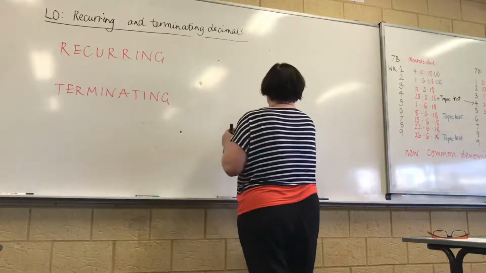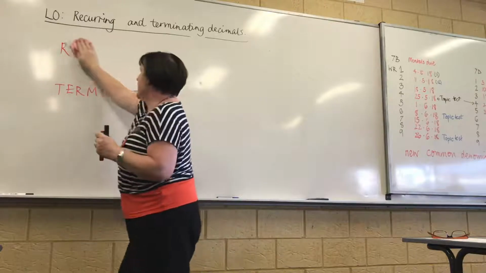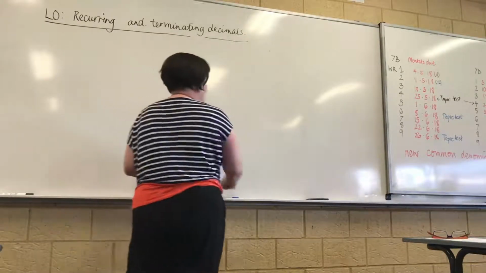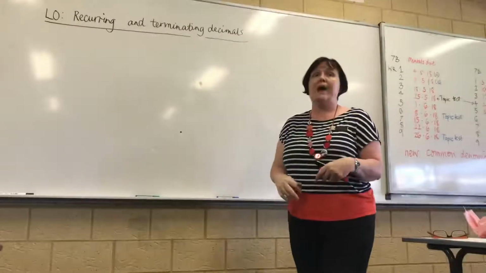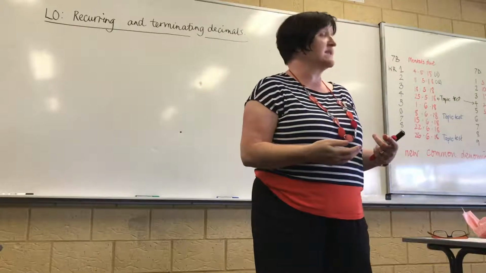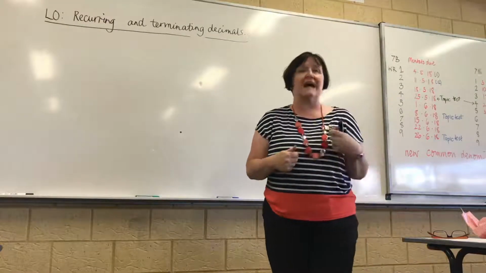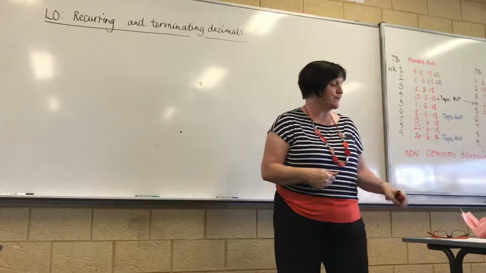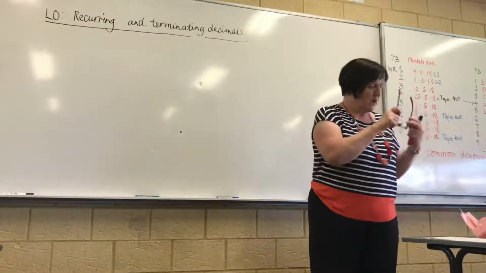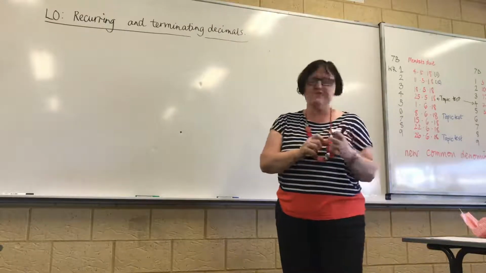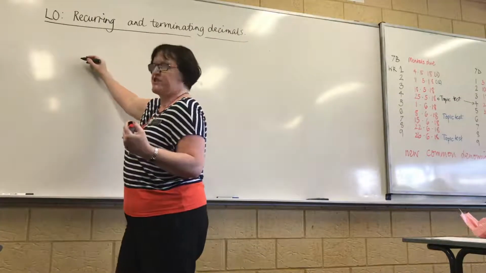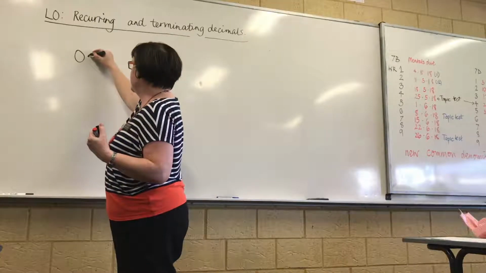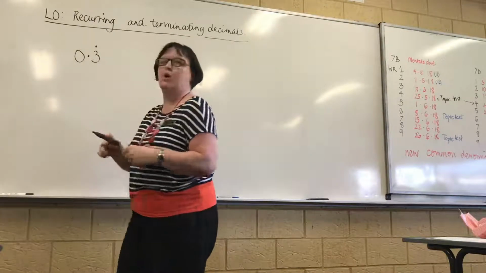So, we might need to do a few examples before you get the hang of it, because what we have to do when we convert a recurring decimal into a fraction is we have to use algebra. Okay? So, first of all, let's do one that we know the answer to already. Let's do that 0.3 recurring one.